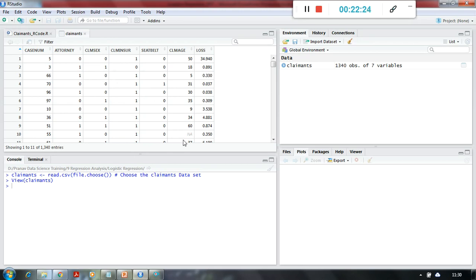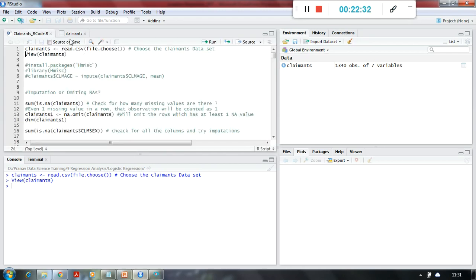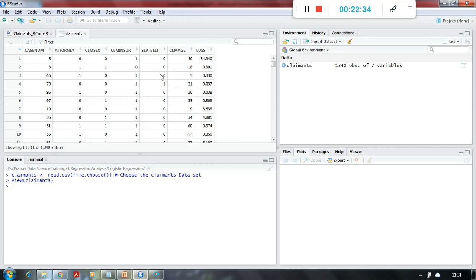So let us understand now how many missing values are there. First we have to understand that, and then the data types of each and every variable. Because regression understands numerical values, which we have said time and again.